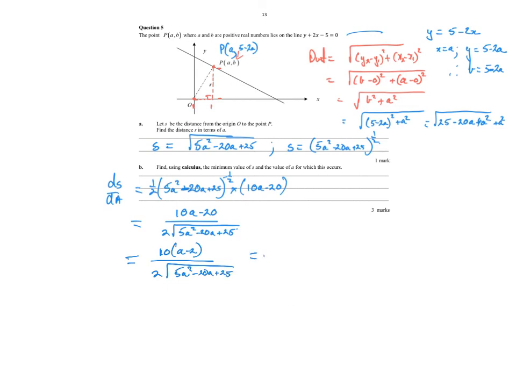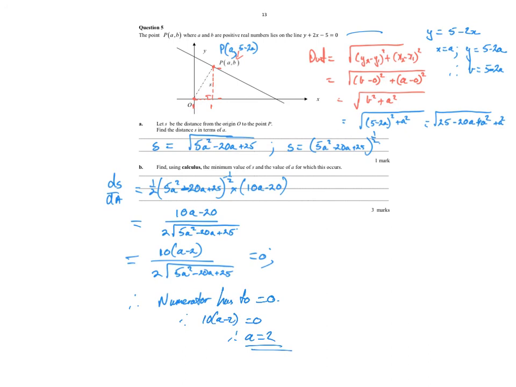With any fraction, this expression can only equal 0 if the numerator is equal to 0, because the denominator is not allowed to be 0. For that to happen, a minus 2 is equal to 0. Therefore a equals 2 is where the minimum occurs.